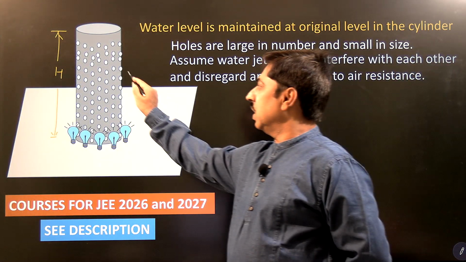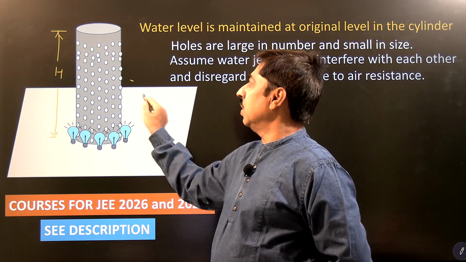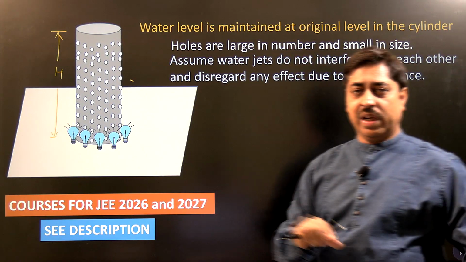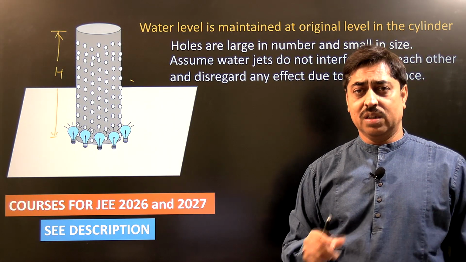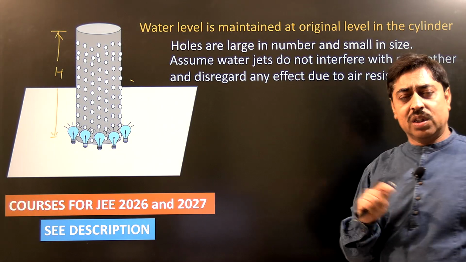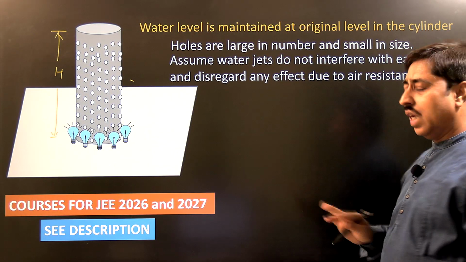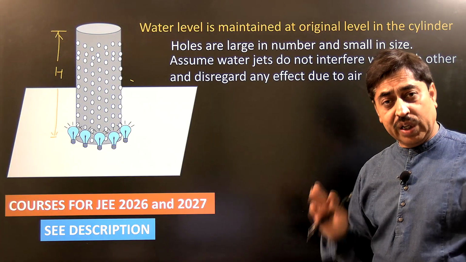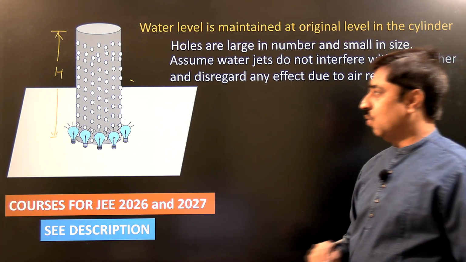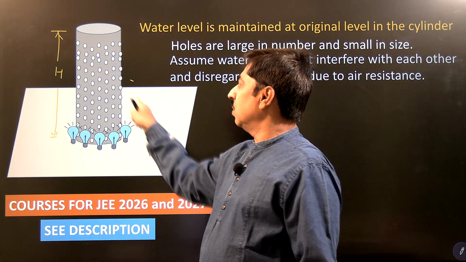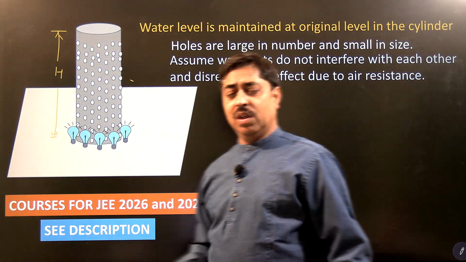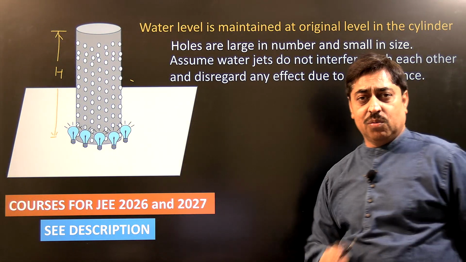When water jet is coming out of this hole, this hole, this hole and this hole, most likely they will interfere with one another, isn't it? But we will assume that water jets do not interfere with each other and disregard any effect due to air resistance. So water is coming out from all of these holes. They do not interfere with one another.